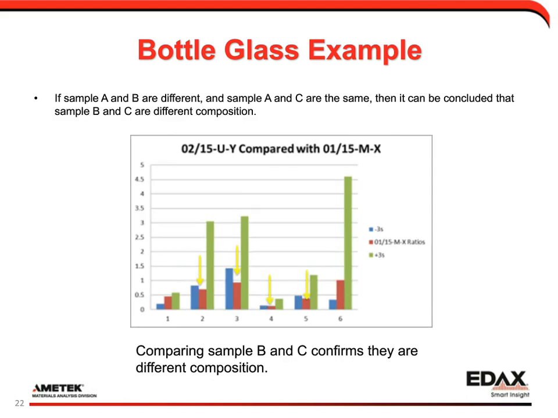And of course, if sample A and B are different and sample A and C are the same, then we could conclude that sample B and C are going to be different.